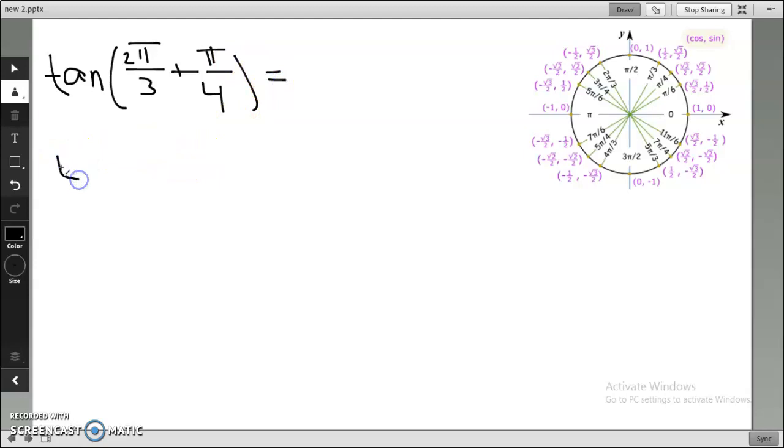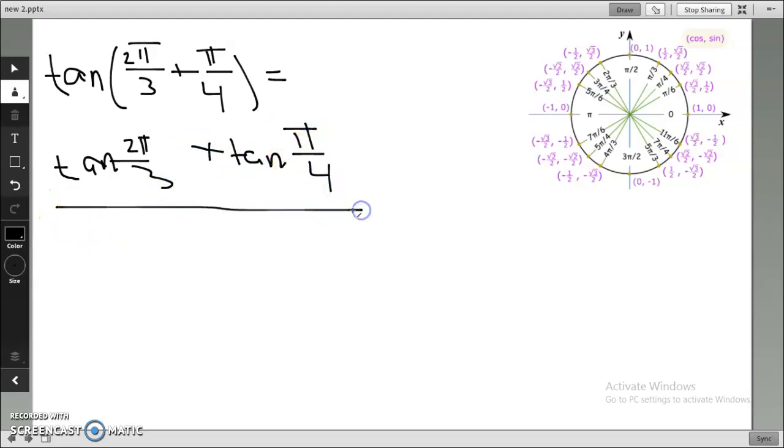And so I get tangent of 2 pi over 3 plus tangent of pi over 4, divided by 1 minus tangent of 2 pi over 3 times tangent of pi over 4.